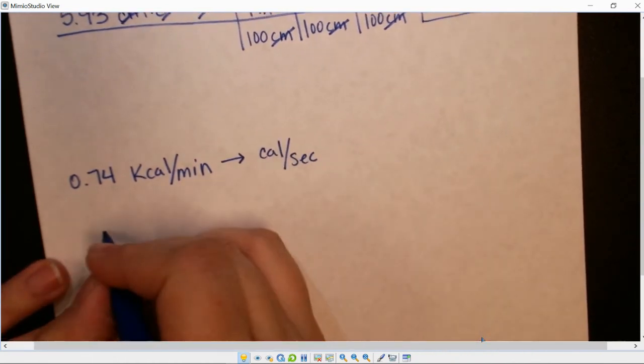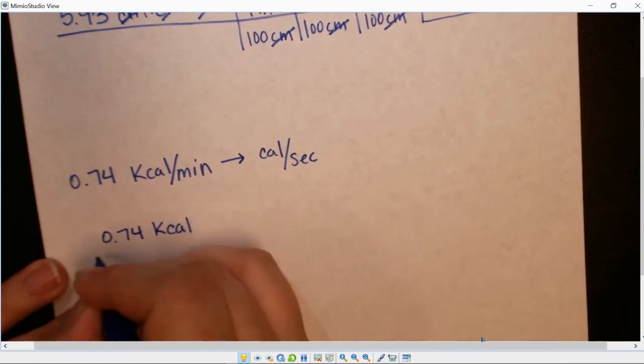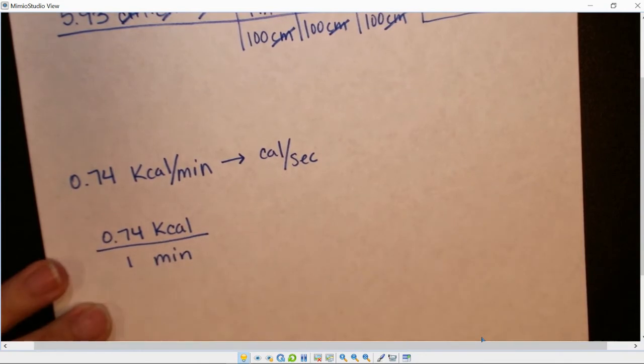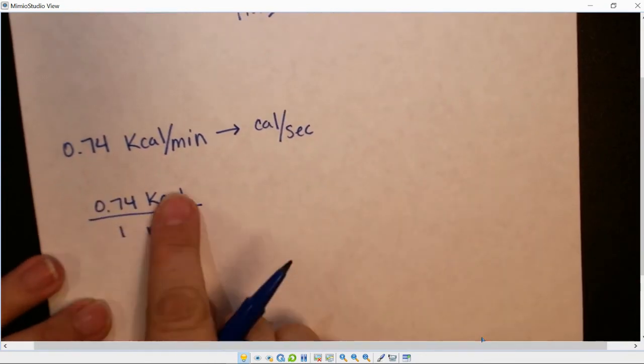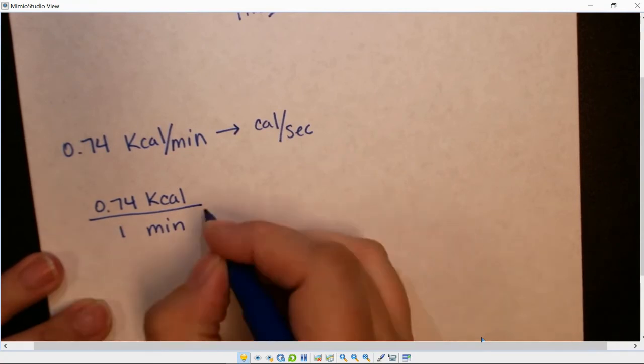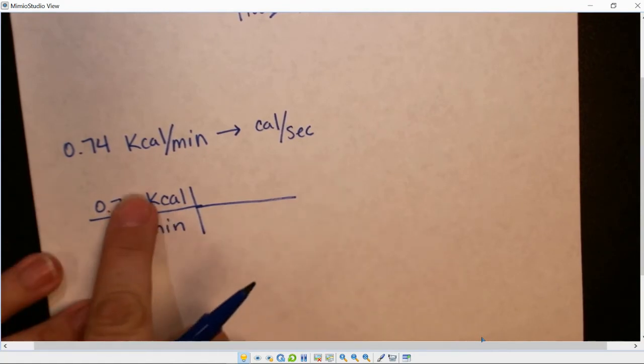When I'm doing this in my train track, I like to set it up like this, because that's what that means, right? 0.74 kilocalories per 1 minute. And then just do one at a time. So kilo means what to the base unit?